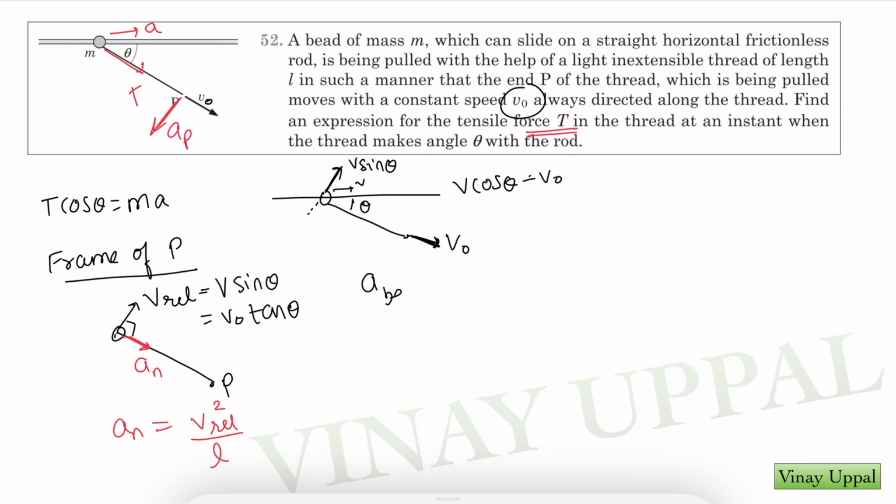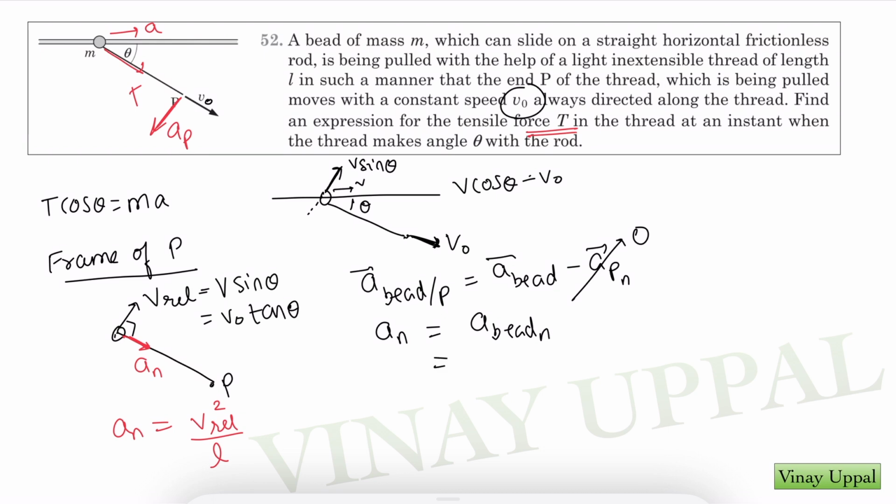In general, acceleration of bead with respect to P is equal to acceleration of bead minus acceleration of point P, but I only need the normal component. The normal component is 0 for point P, since there is no component of acceleration of point P along the string. So the normal component of the bead with respect to P will simply be the normal component of the bead in the ground frame, which is nothing but a cos theta, the component of A along the string.